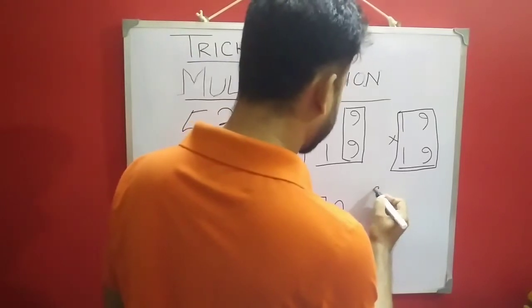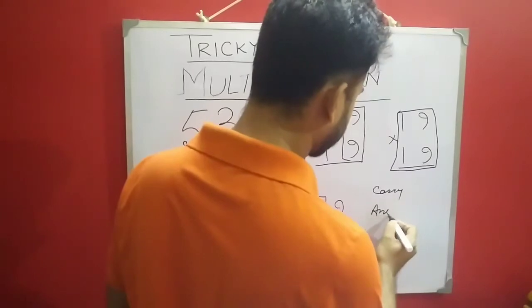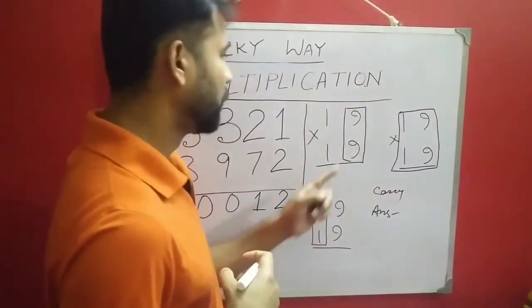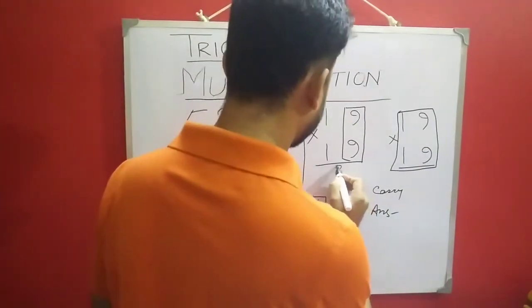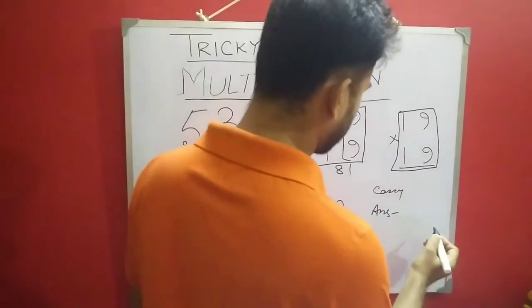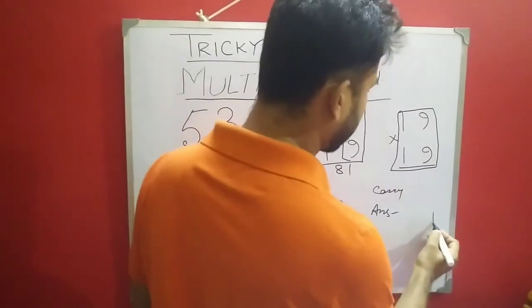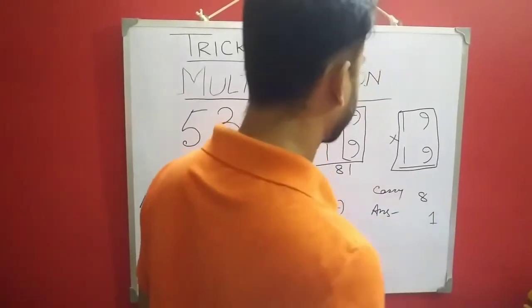I write here carry and answer. So 9 into 9 equal to 81. So the answer will be 1 and carry 8.